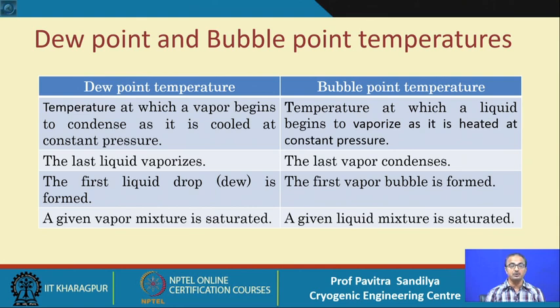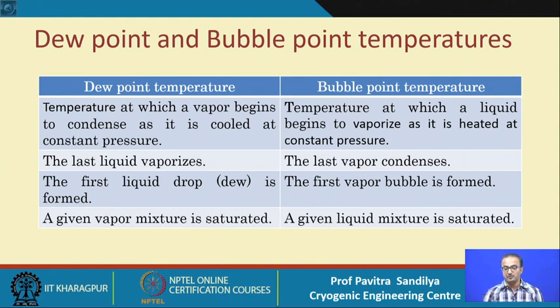This is the same dew as we find in our day-to-day life when we talk about the dews forming on the grass at night. The same thing, that the temperature decreases at a given pressure so that the water vapor condenses on the grass, and as the sun rises, again the system gets heated up and the dew goes back to the atmosphere. So, we do not find the dew in the daytime.